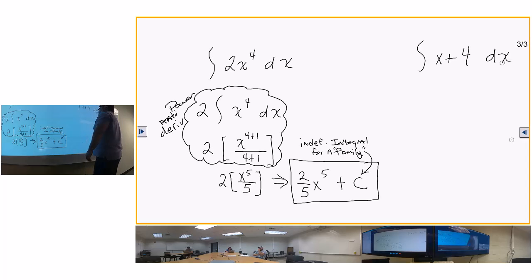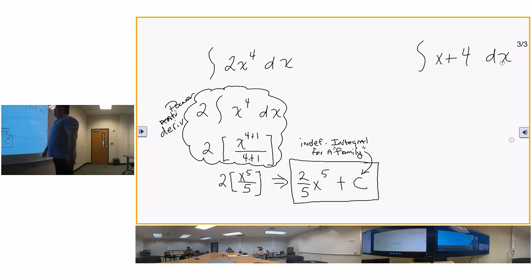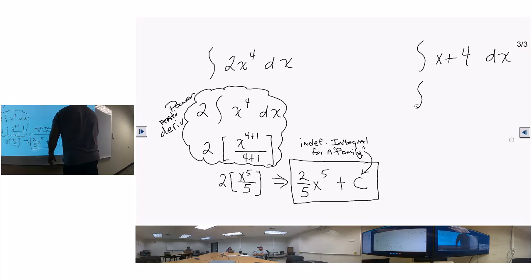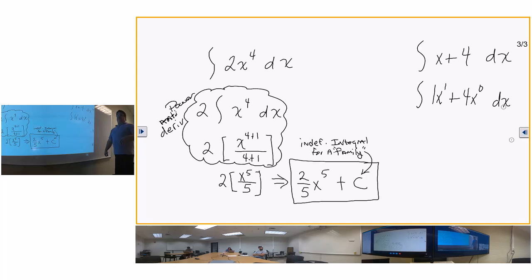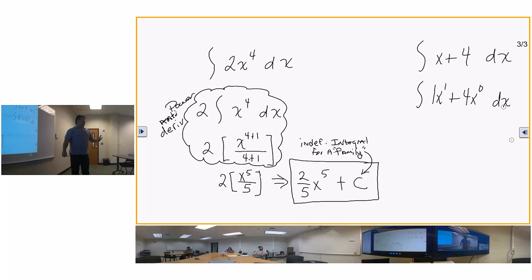Well, the first thing you do, if you ever get confused, write it out. The antiderivative of 1x to the first plus 4x to the 0 dx. Now, one of the rules, just like derivatives, if I have 2 terms, can I take the derivative of those 2 separate terms and that'll be okay? Yes. It's called the sum rule or the summation rule.